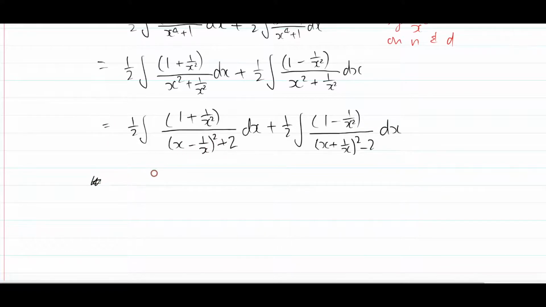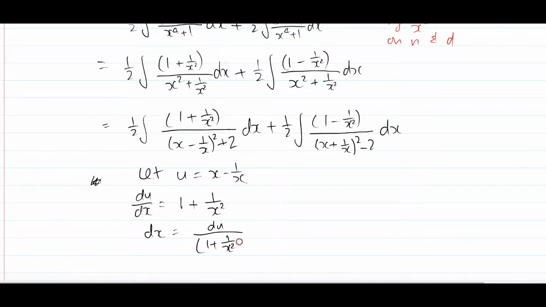On the left side, actually on both integrands, let u equal x minus 1 on x. du dx equals 1 plus 1 on x squared, so dx is then du over 1 plus 1 on x squared.